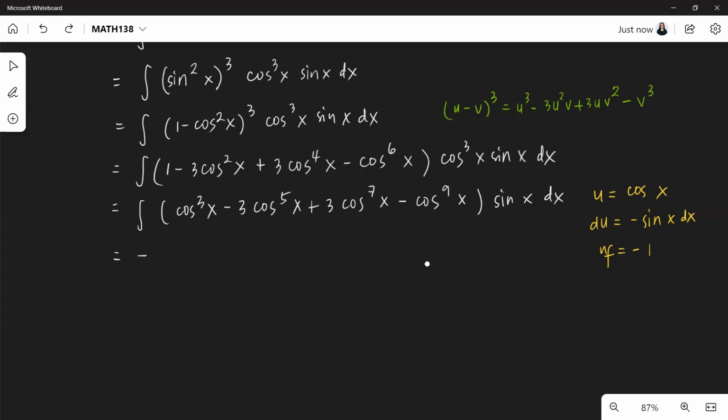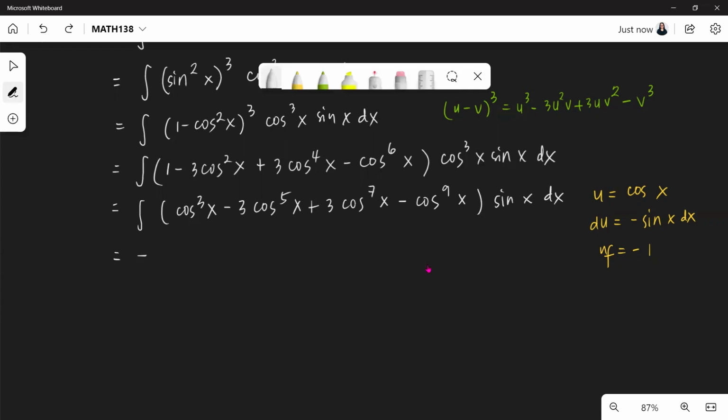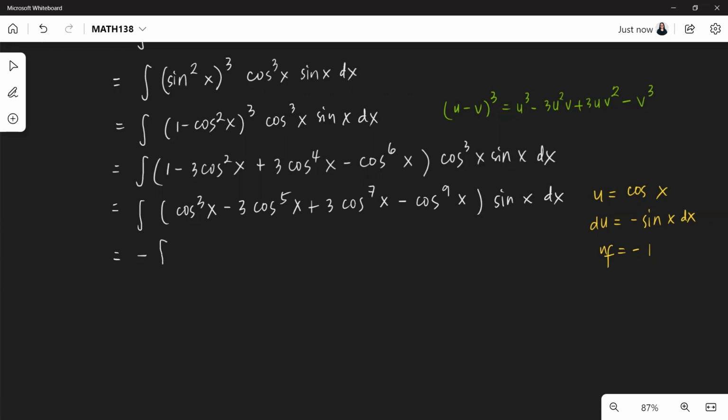So we put the neutralizing factor before the integral, and we'll multiply the result with negative 1 later. So we can write this as u cubed, minus 3 u raised to the power of 5, plus 3 u raised to the power of 7, minus u raised to the power of 9.